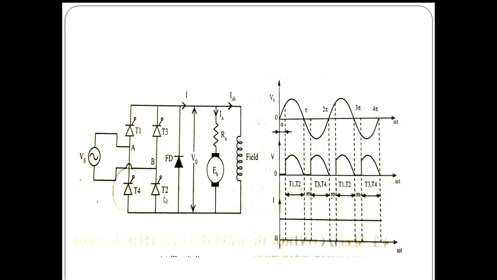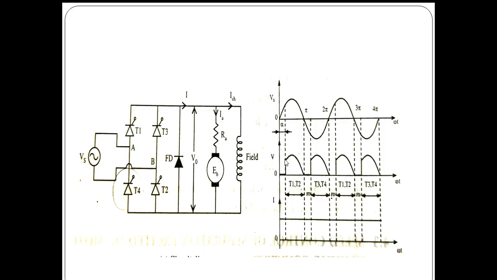So as we know, when we trigger T1 and T2, current will flow from the AC source through T1, through the motor, and again through T2. Current will flow in this closed path, and we are getting the output voltage across the DC motor. So this is the output voltage V0 when the thyristors T1 and T2 are conducting from instant alpha.